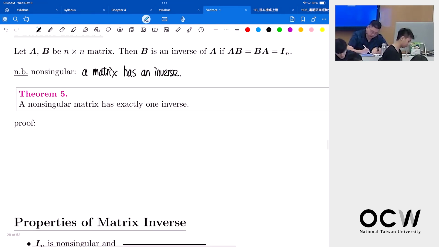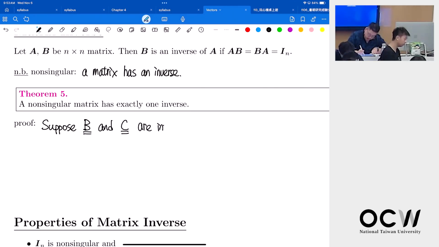Let's prove that. Suppose we have two rather than one, B and C, they are inverses of the matrix A.